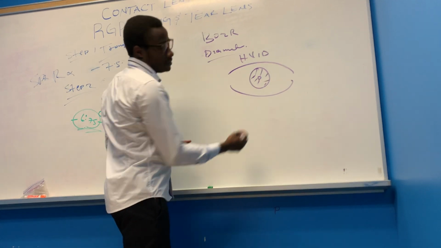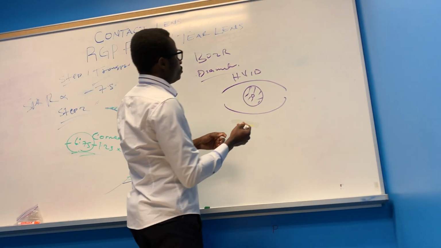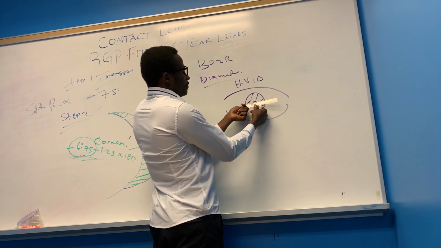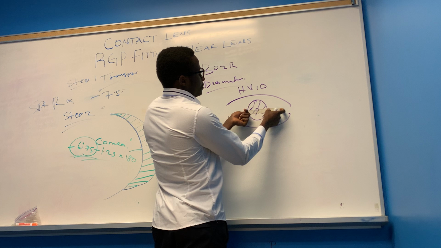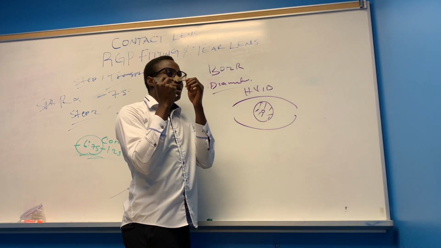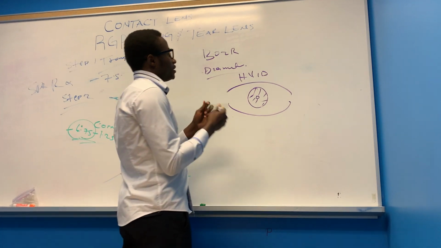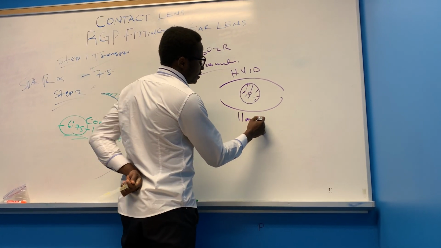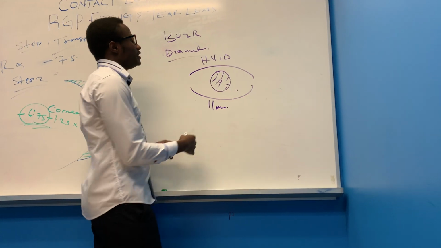So what it means is I'm just using my PD rule to measure the distance between the edge of this iris to the edge of this iris. I'm measuring the distance between my two iris in one eye. So if I have HVID of 11 millimeter, remember how to get HVID? Just measure your iris. That will give you your HVID.